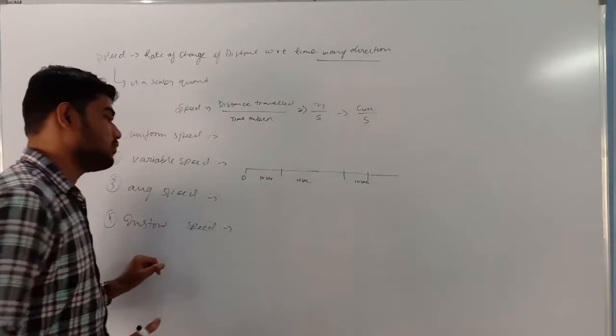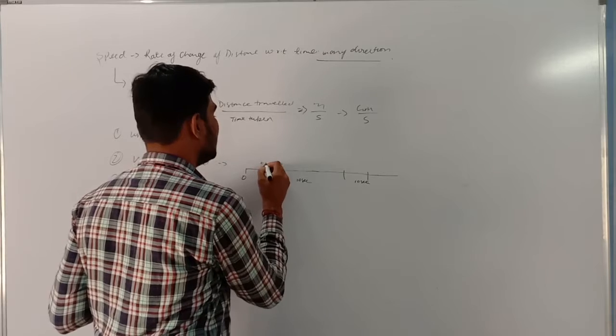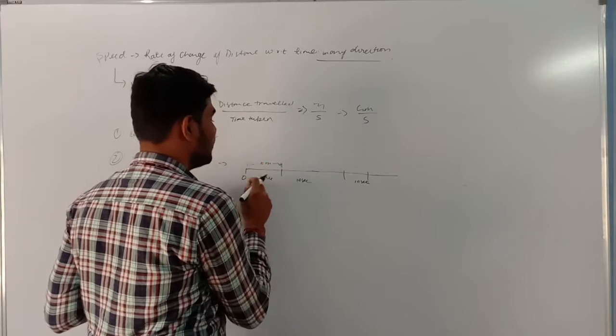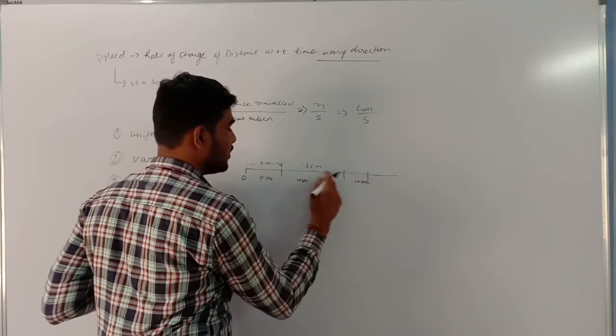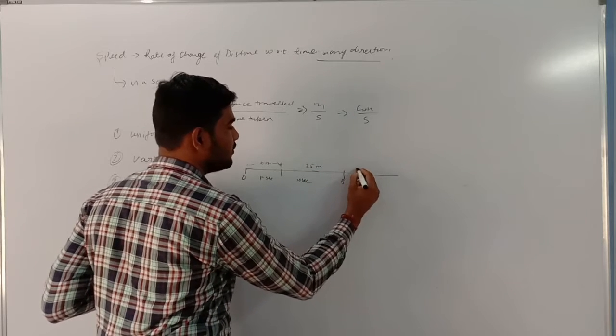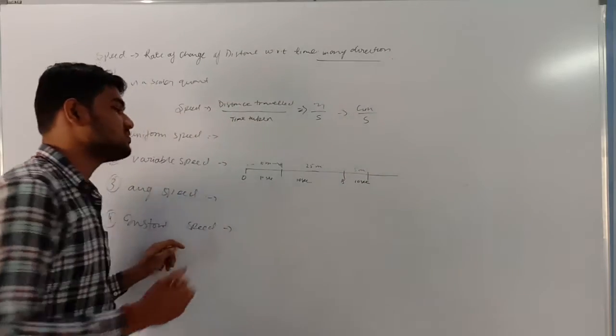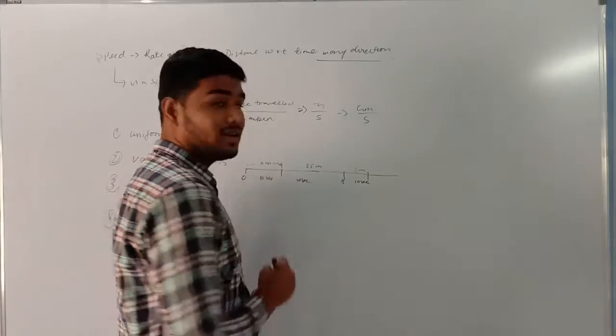From point O to A it travels 10 meter. From point A to B it travels 25 meter. From point B to point C it travels 5 meter. That is unequal distance traveled in an equal interval of time, 10 seconds.